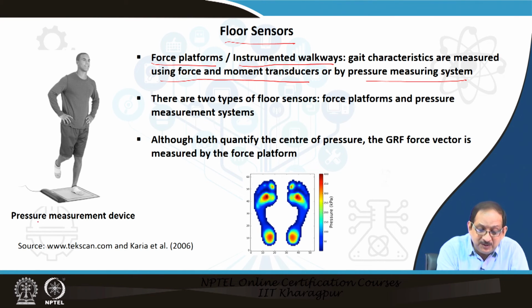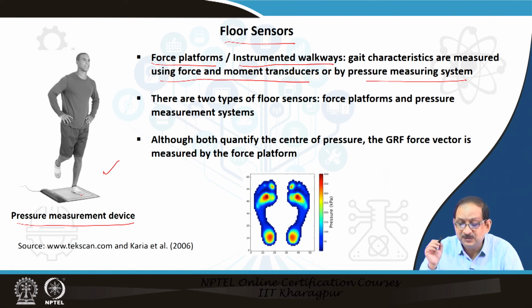The pressure measuring system is indicated here. This is also a floor sensor. There are 2 types of floor sensors. One is force platforms, the other is pressure measurement system.